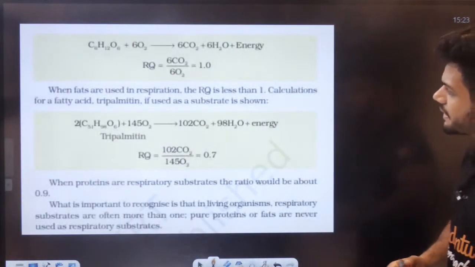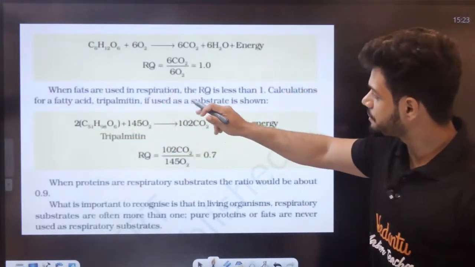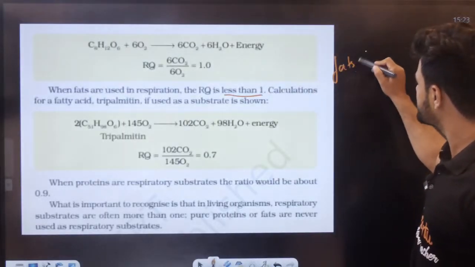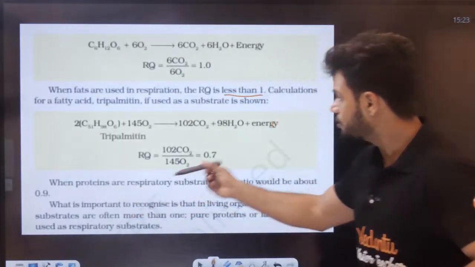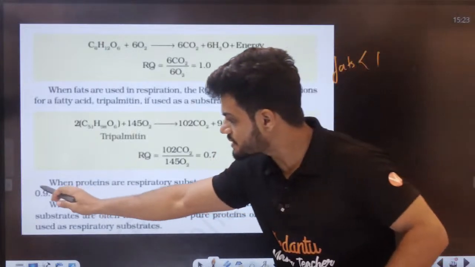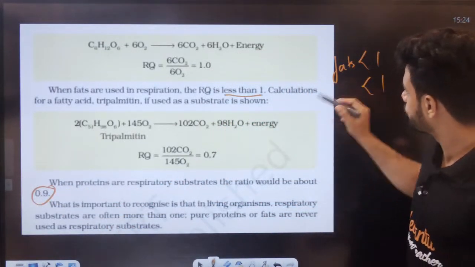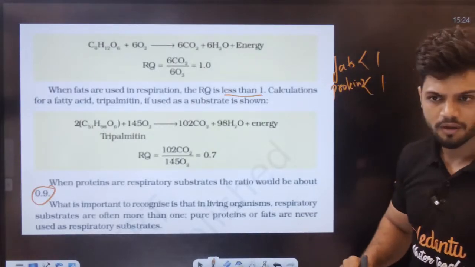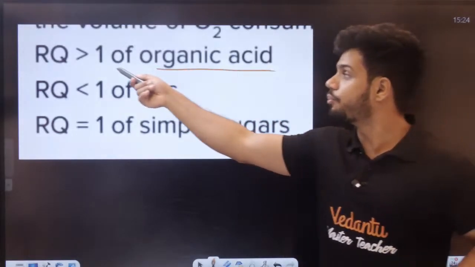Now when fats are used as respiratory substrate, the RQ is less than 1. Now for proteins it is around 0.9, which is again less than 1. But students, for organic acids it's more than 1.